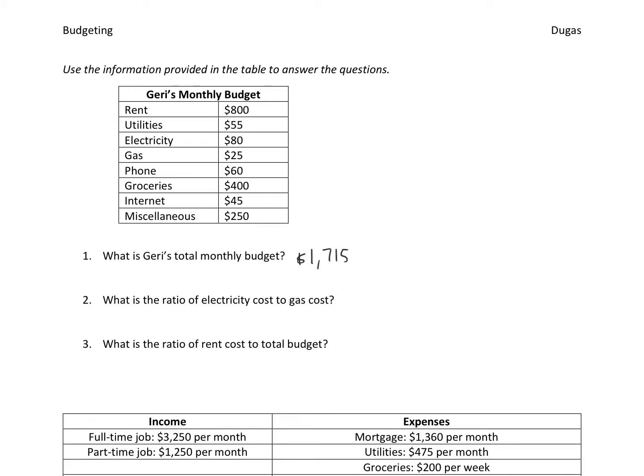So if you don't remember, a ratio is just a fraction. So we want electricity to gas. So electricity is $80 and the gas is $25. So we're just going to make a fraction, electricity to gas, and then we're just going to reduce the fraction.